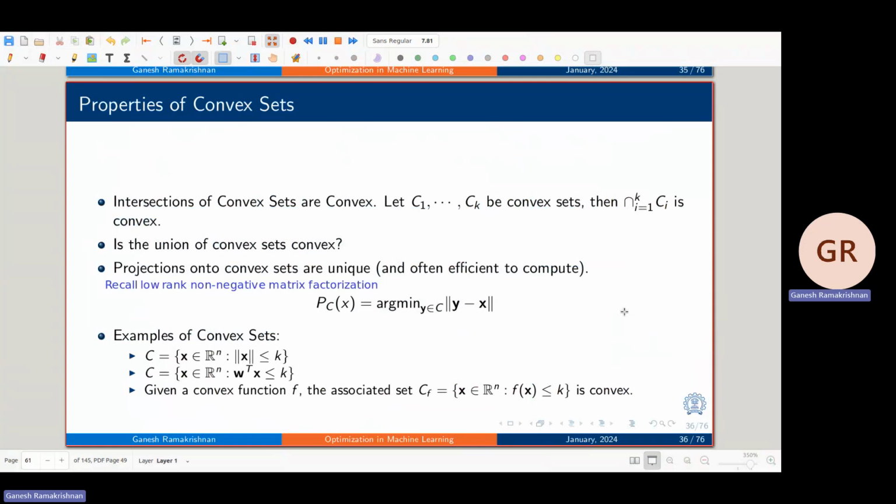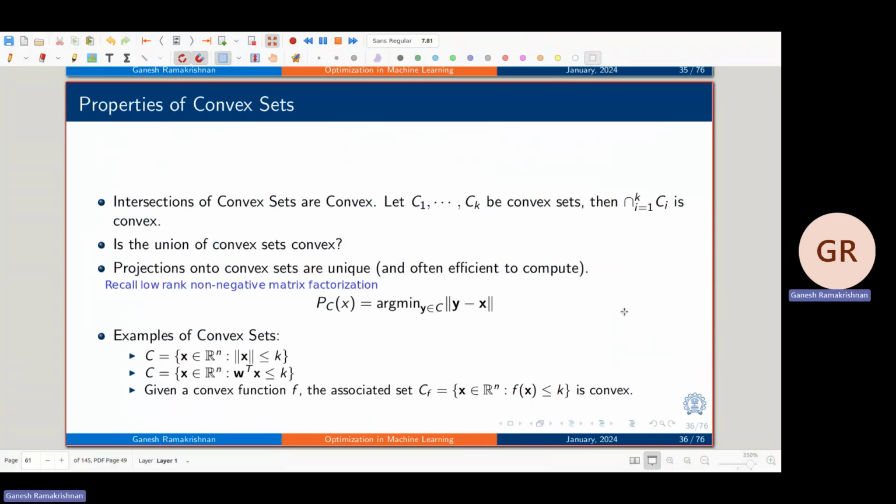Right? So if I say this C, or, so union, right? Union is like or. So if I have this example, these are two sets. Now let's say I have a point here which I want to project into the union of the two sets.